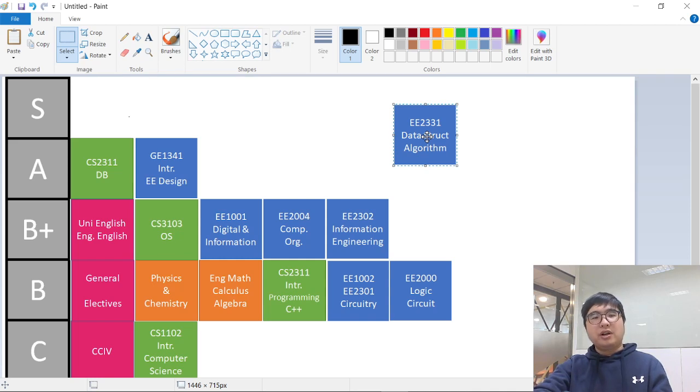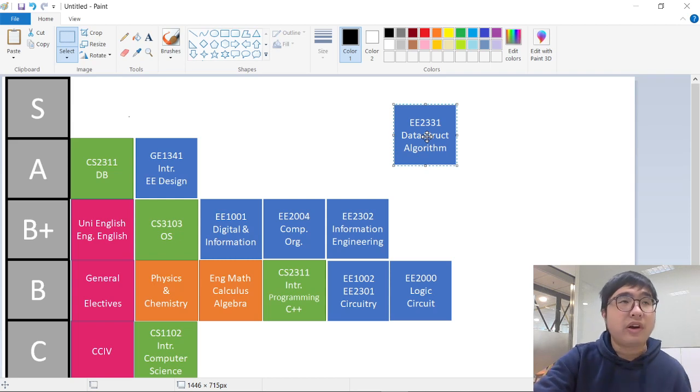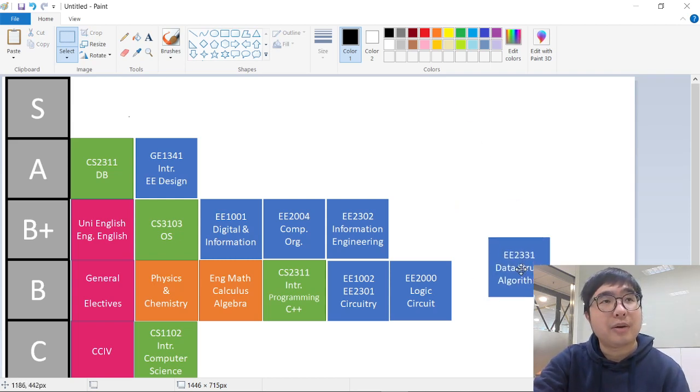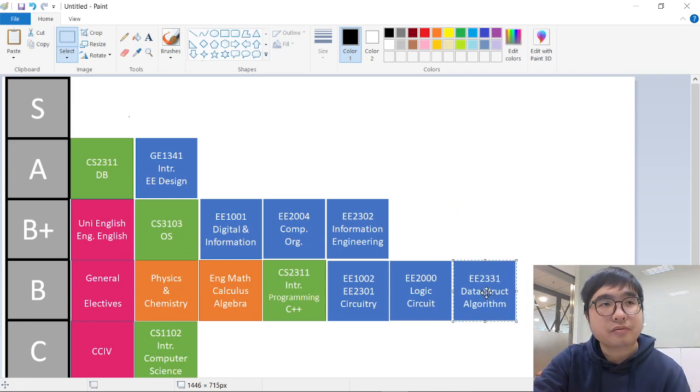But for coding, I think it's a great course for you to really get to know what it's like to code stuff. Although the loading is a bit high, so with everything, I will put it at B tier because it was a nightmare to me.